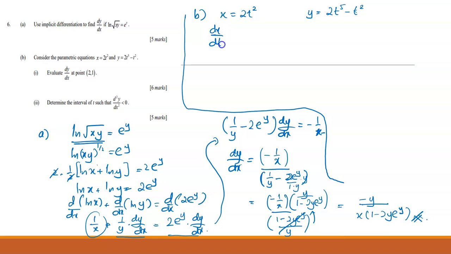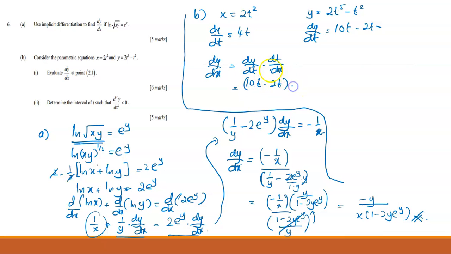So dx/dt equal to 4t and dy/dt equal to 5 times 2 equal to 10t minus 2t. So then dy/dx equal to dy/dt times dt/dx. dy/dt equal to 10t minus 2t and dt/dx is the reciprocal, or 1 over dx/dt. So it is 1 over 4t.